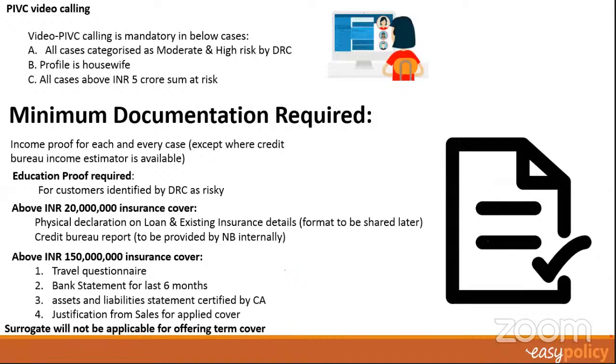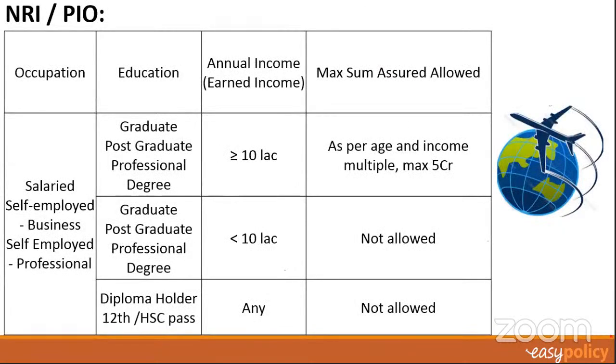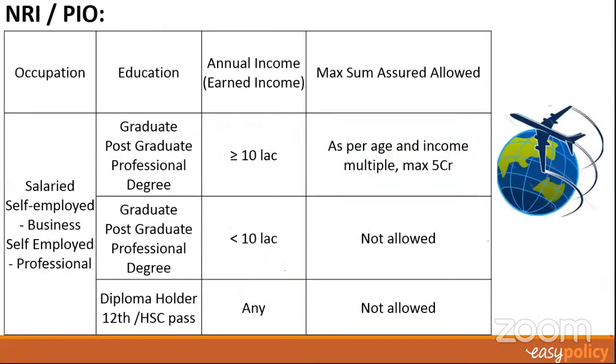Documentation we have already discussed. NRIs can also be given. So basically, these are the underwriting guidelines. We will be referring to the documents most of the time for each case. And most of the criteria are already built into our system if we go for online quotes fetching.